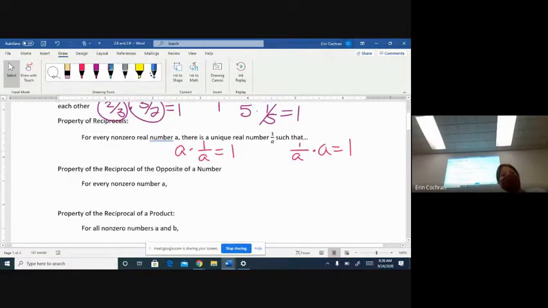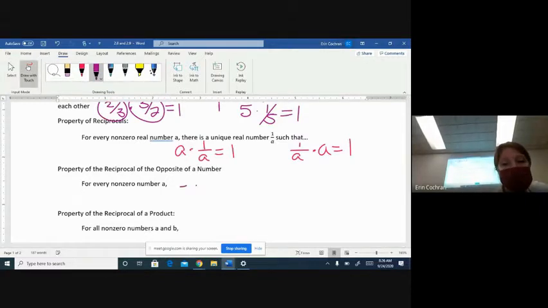The property of the reciprocal of the opposite of the number. If I look at -a, what's its reciprocal? -1/a. So we always make sure we keep the sign there. And -a times -1/a would be +1 still, because a negative times a negative is positive, right?